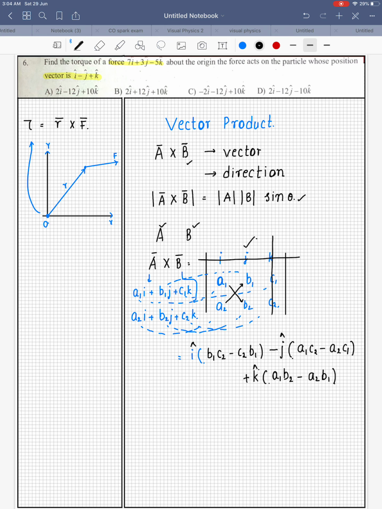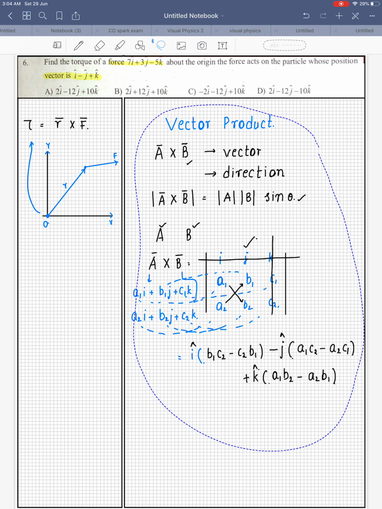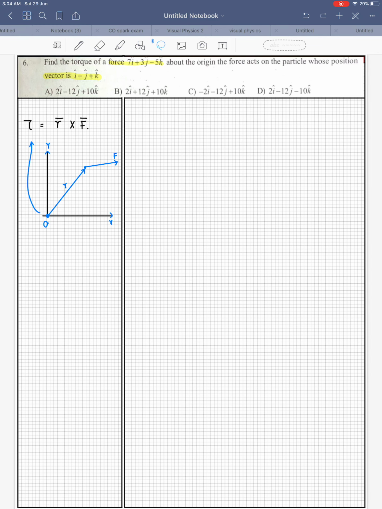Okay, now let's dive into the problem. So now you have understood torque equals r bar cross F bar, and it is given r bar is i - j + k, and F bar is 7i + 3j - 5k.